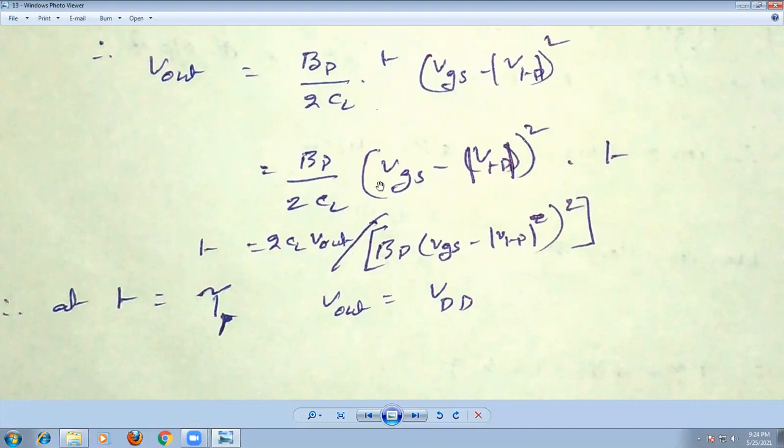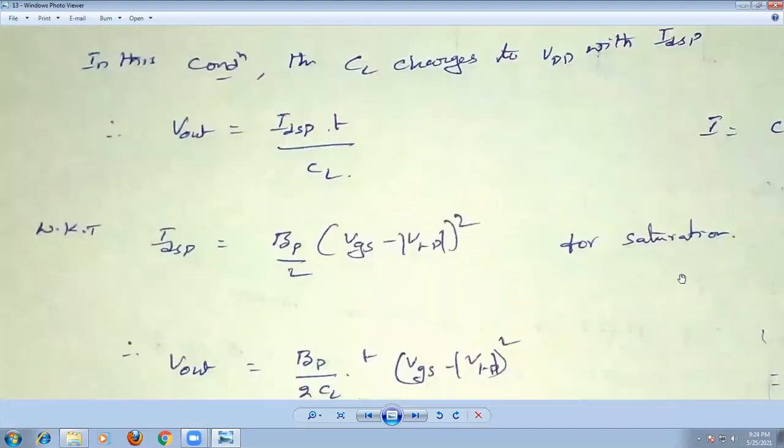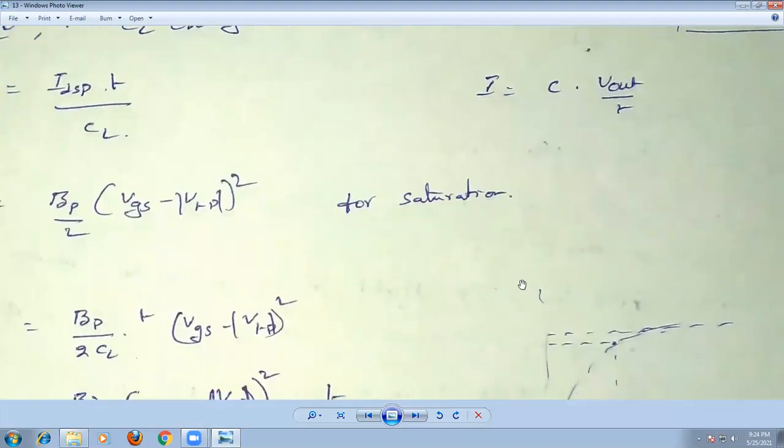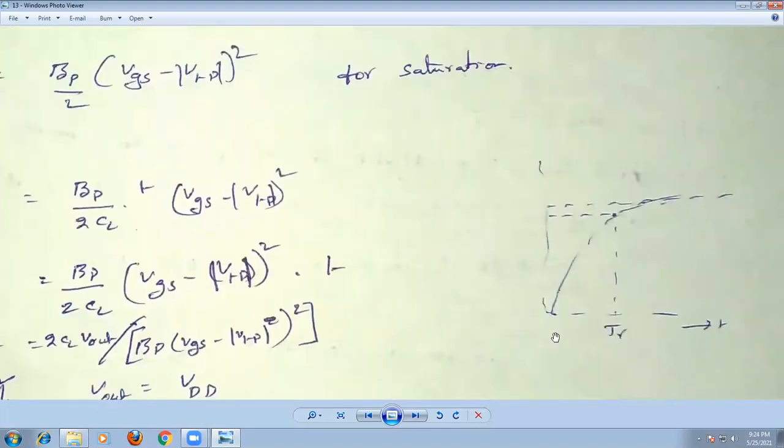Now, as you know, when the output voltage changes from 0 and the capacitor charges to VDD, it does so in an exponential form, because you have an RC time constant here. That means when the input voltage suddenly changes, the output voltage takes some time to respond.